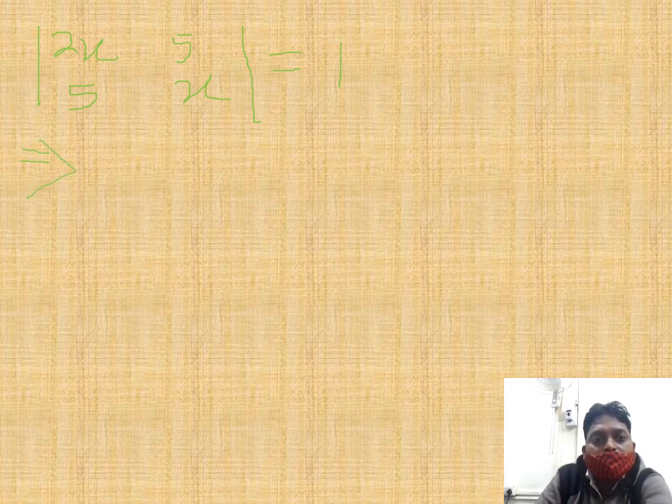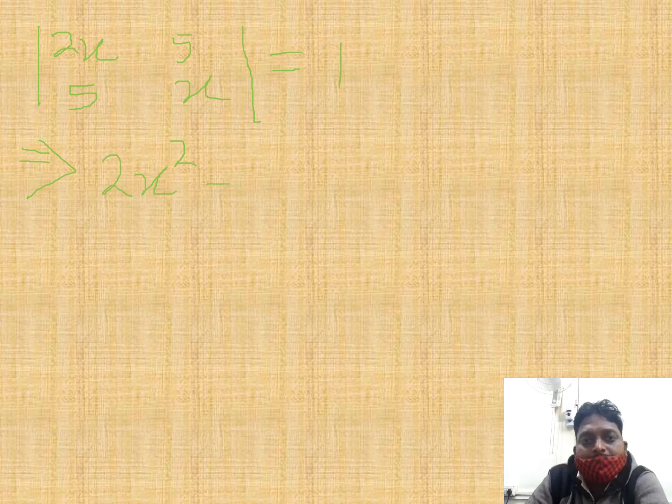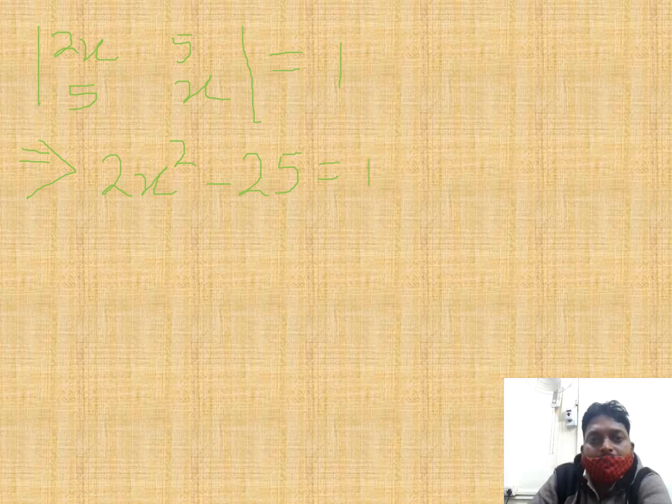Since this is an equation, we should have implies at left side. Then do the cross multiplication. 2x into x becomes 2x square. A into D, 2x into x becomes 2x square. Then minus 5 into 5, that is 25, which is equal to 1 given, no problem.